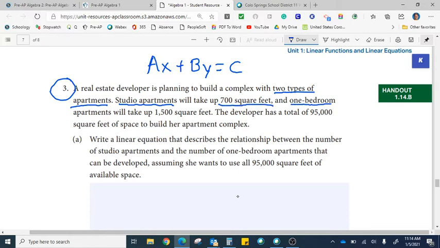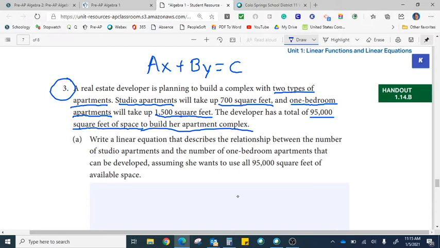And you have a 1-bedroom apartment, and it'll take up 1,500 square feet. The developer has a total of 95,000 square feet of space to build her apartment complex. So you got some numbers here to look at.